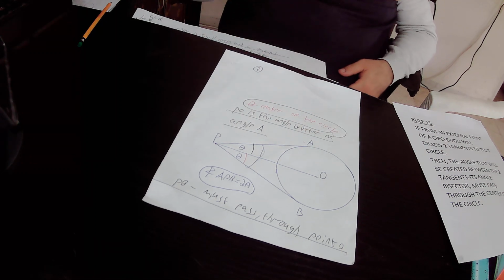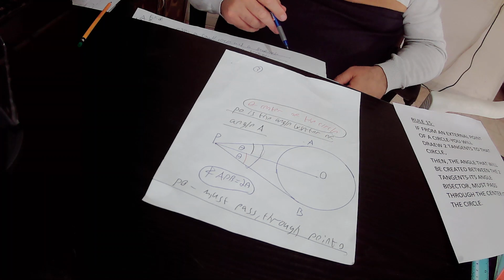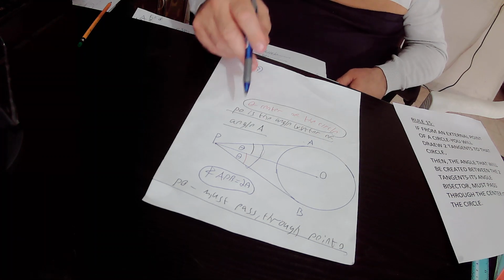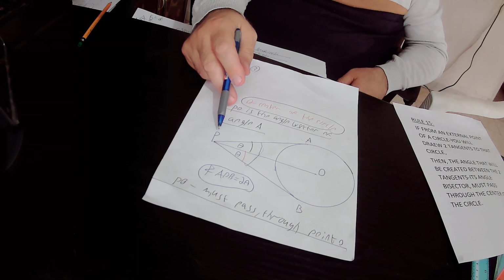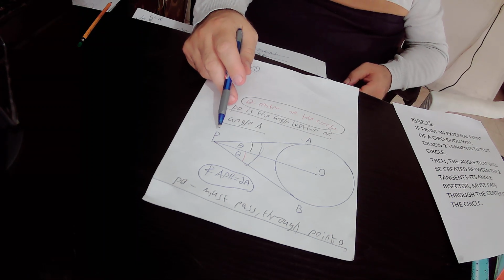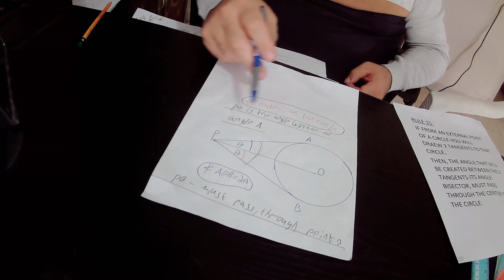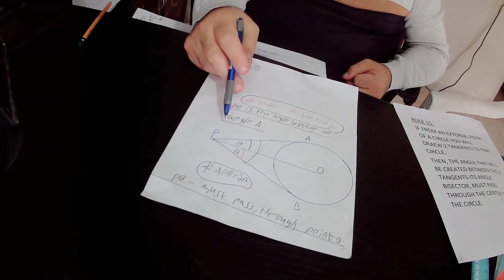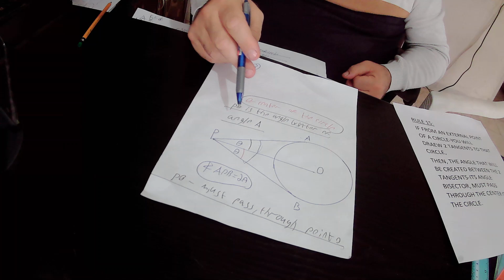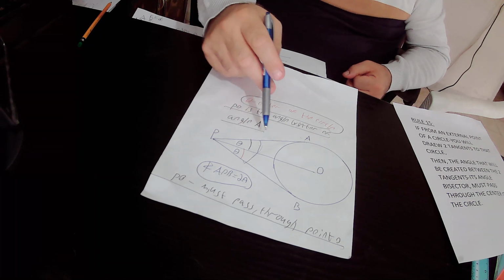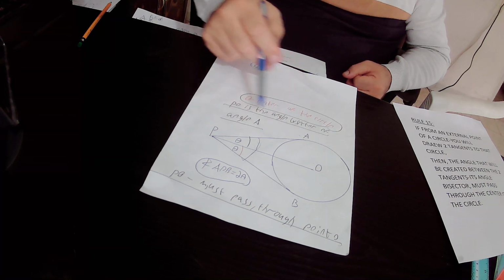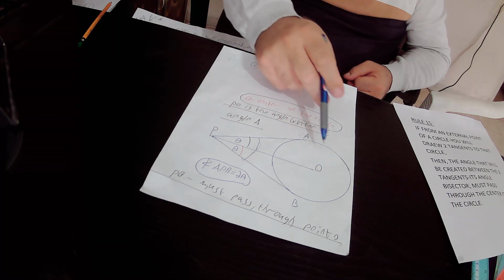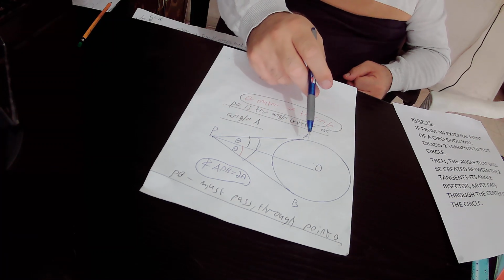So I repeat again, according to rule 15, whenever you draw two tangents to the circle from the common external point P or any other common external point, then the angle that will be created between the two tangents, this angle APB, has an angle bisector that passes through point O, that is the center of this circle.